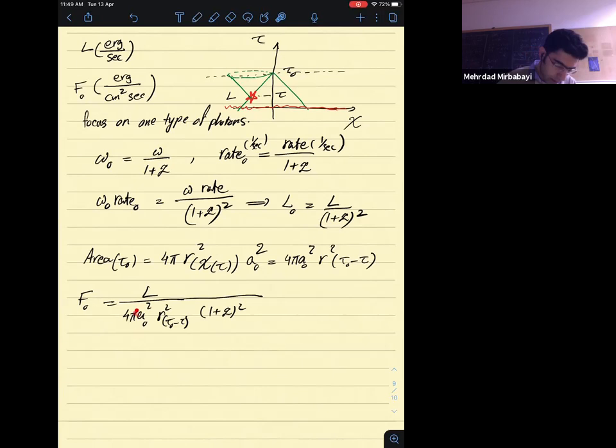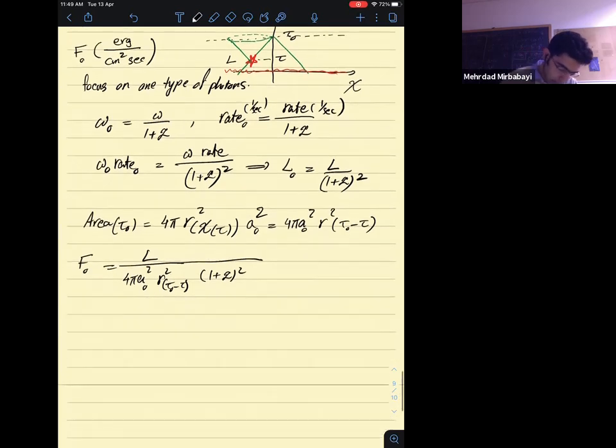So notice that this whole factor is just a function of z, right? Because tau itself is a function of z. As we saw before, we can trade time with redshift. So this whole thing is a function of z, and this is the object that is defined as the luminosity distance.